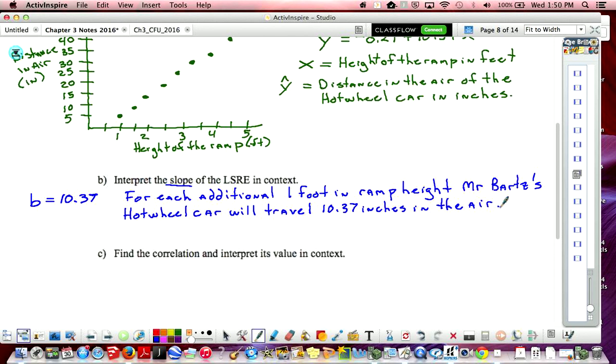Nice. So if I can make that ramp height like 1,000 feet tall, that Hot Wheel car is going to go flying.